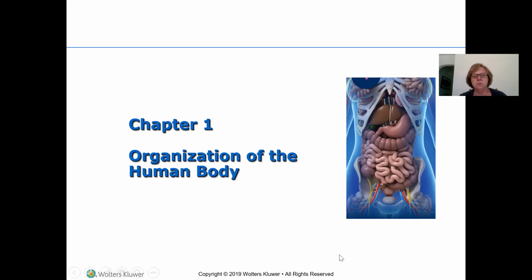Chapter 1 deals with the organization of the human body.